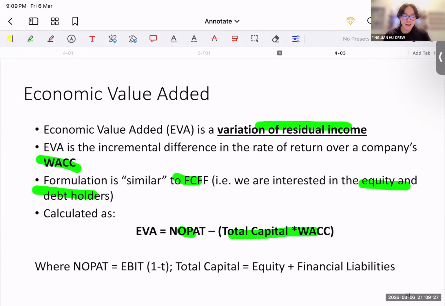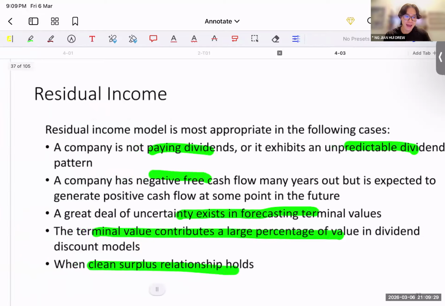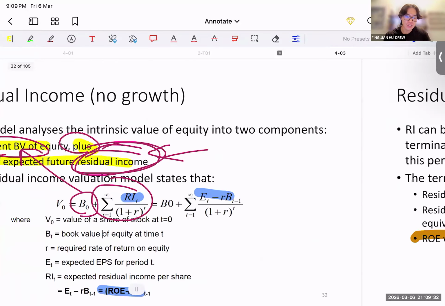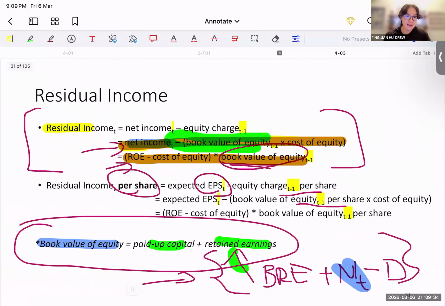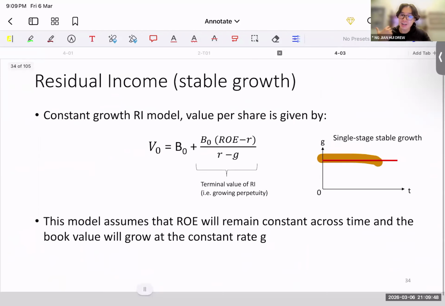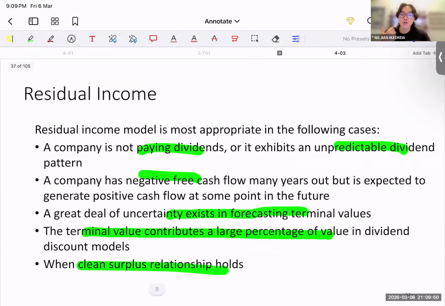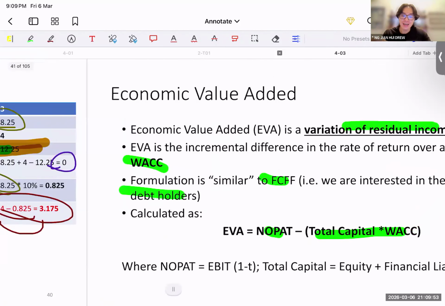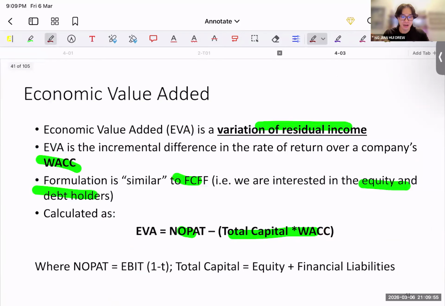Remember in our residual income model, I'm just going to flip back to show you the formulation. Our residual income model uses the net income minus the equity charge. Your EVA, economic value added, uses your NOPAT minus your capital charge. The next slide we see is called capital charge.